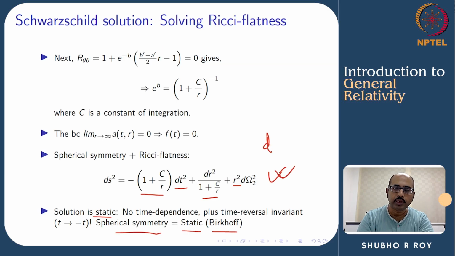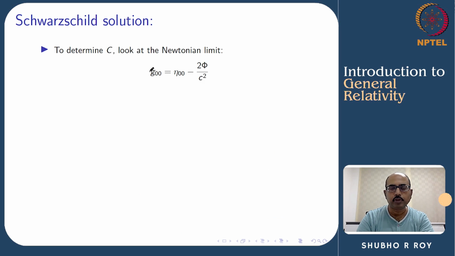Now the only thing left is to determine this C. For this we will take help of the Newtonian limit. In the Newtonian limit, most of you know, g00 is eta 00 minus 2 phi over c squared, where phi is the Newtonian gravitational potential.